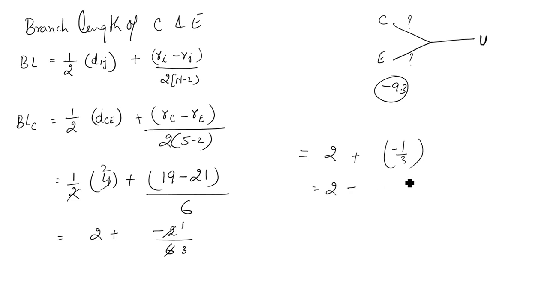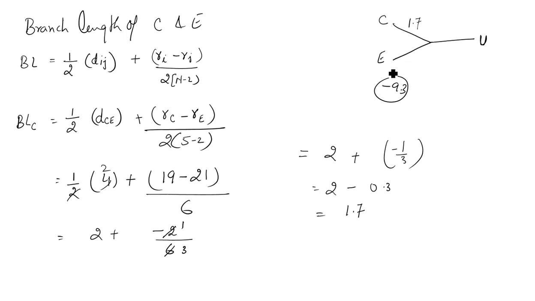If you solve this, it is 0.3333. When you open the bracket, it becomes minus 0.3, so it is 1.7. So we have calculated the branch length for C. C value is 1.7.